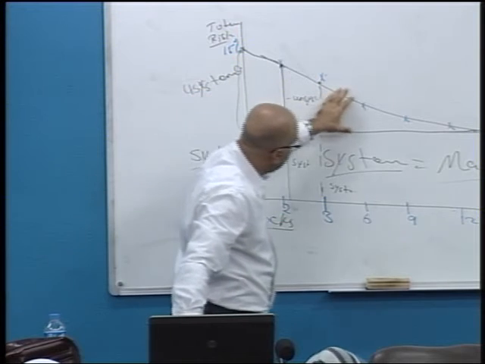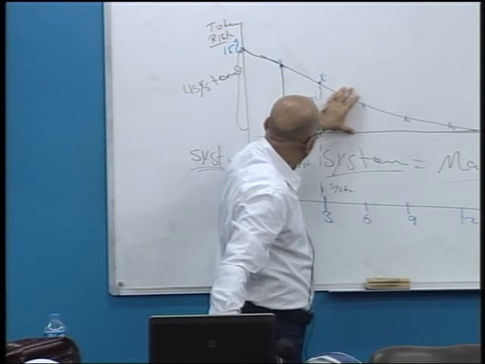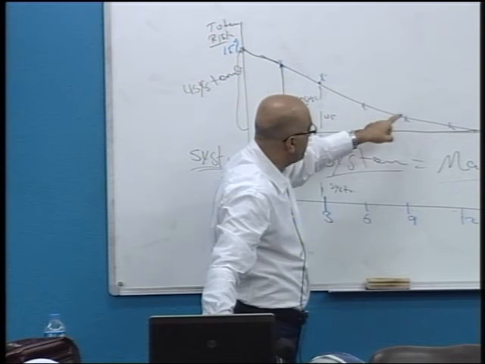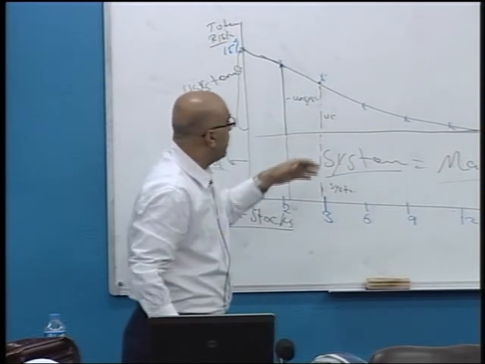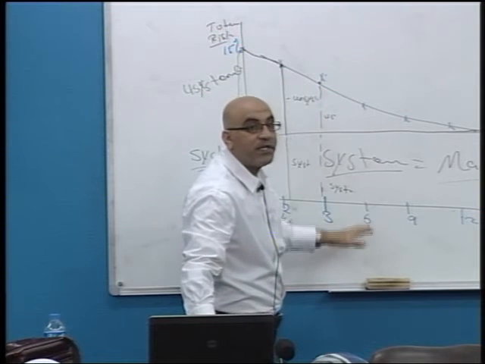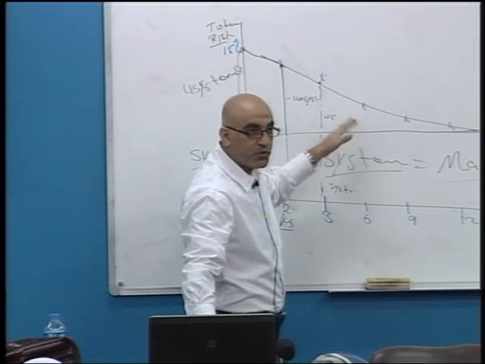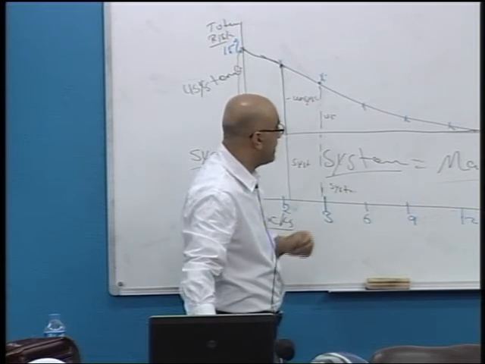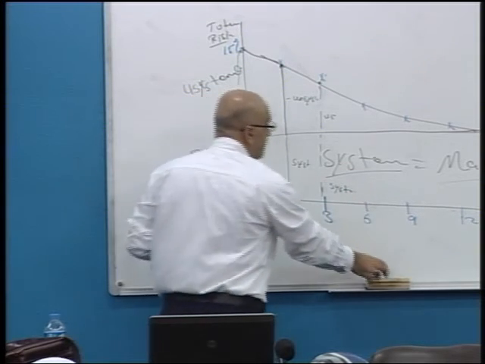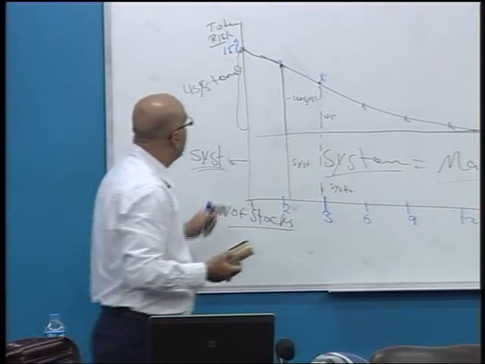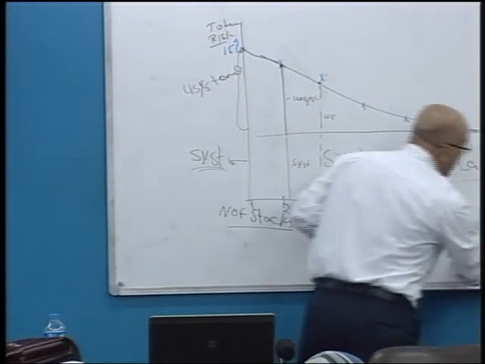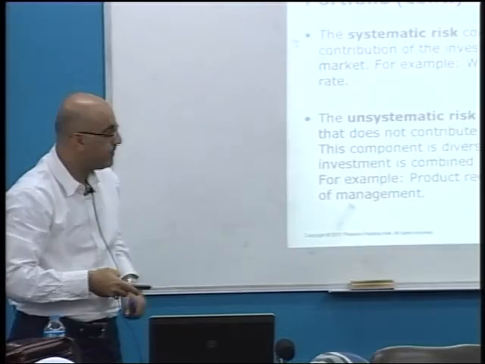What exactly we are doing here is reducing the contribution of the stocks to the total risk. So this is the importance of the systematic risk and the unsystematic risk.